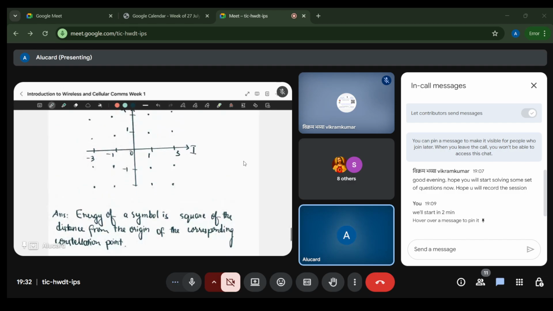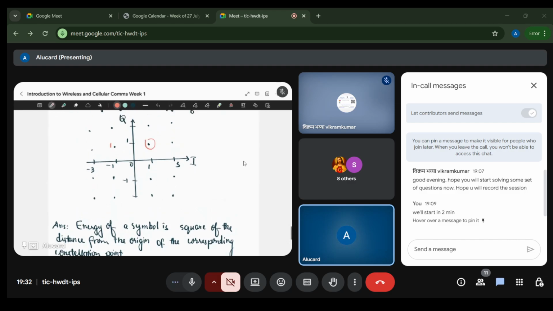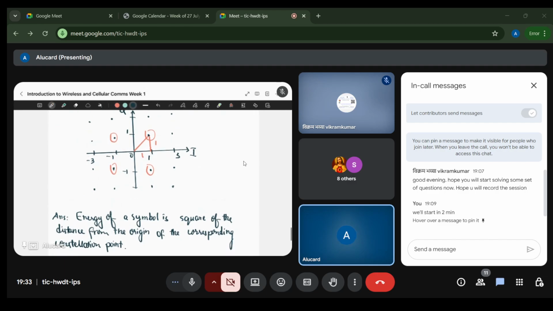So here you can see these 4 points are at a distance. It's a right angle triangle. One side is 1, the other side is 1. So the distance is square root of 1 plus 1, which is square root of 2, and the square of the distance is just 2.